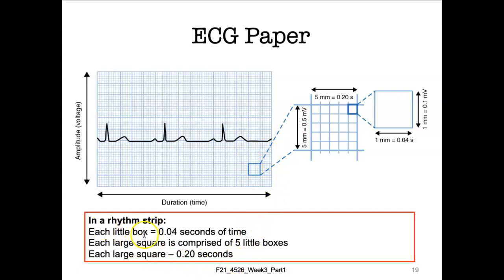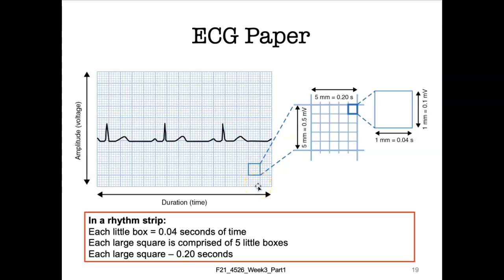So in a rhythm strip, each large square here is 0.2 seconds, and you can see that there are 5 small little boxes in each one of these large boxes. So that means each little box is 0.04 seconds of time.